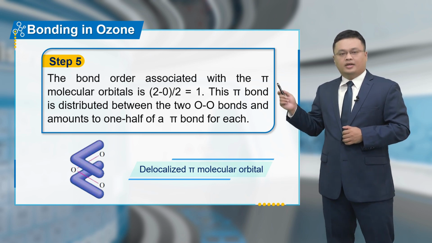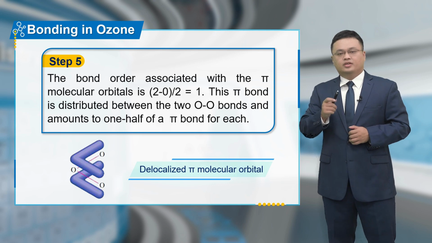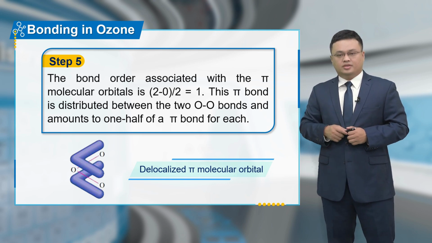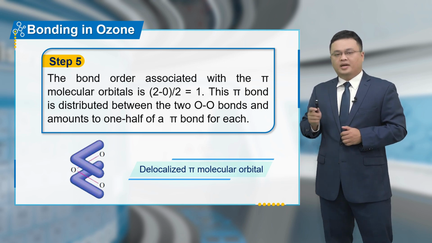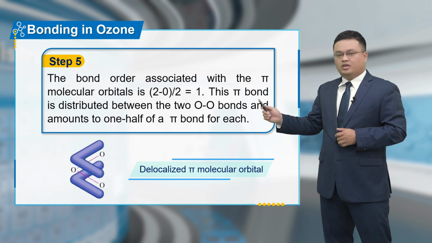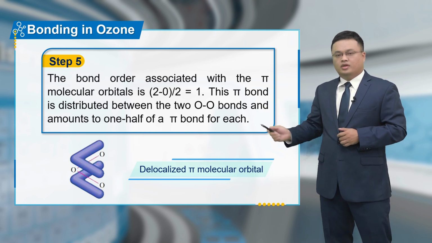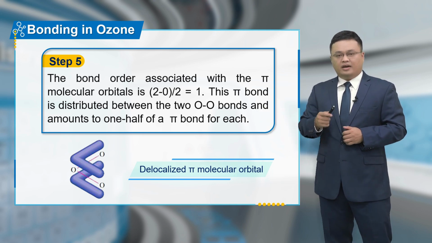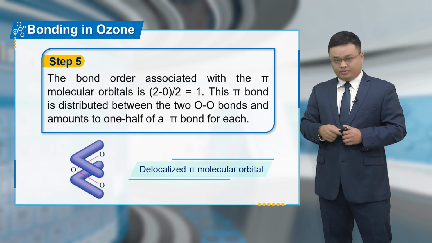This pi bond is distributed between the 2 oxygen-oxygen bonds and amounts to 1/2 of a pi bond for each. The points listed here lead to a total bond order of 1.5 for the oxygen-oxygen bond in ozone. This is equivalent to averaging the 2 Lewis structures.